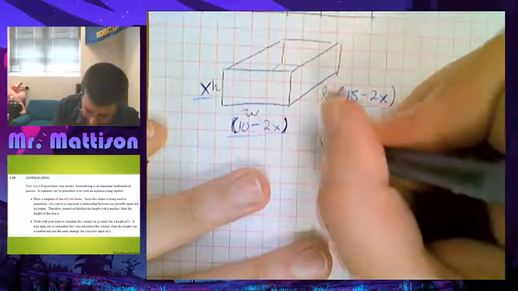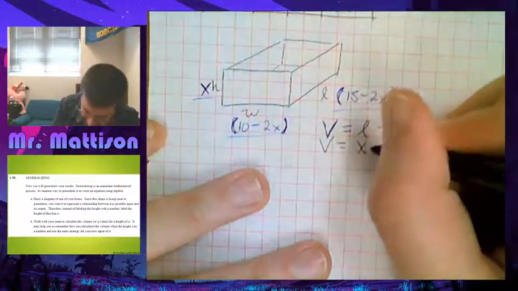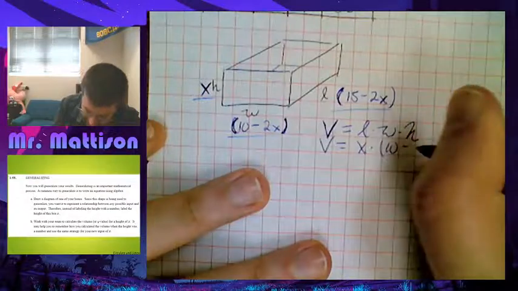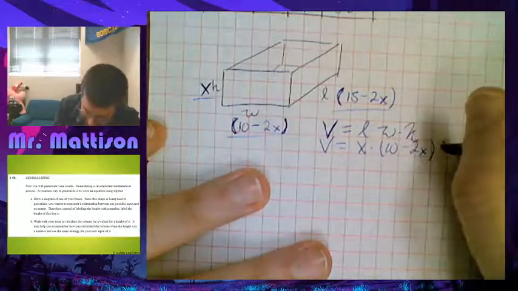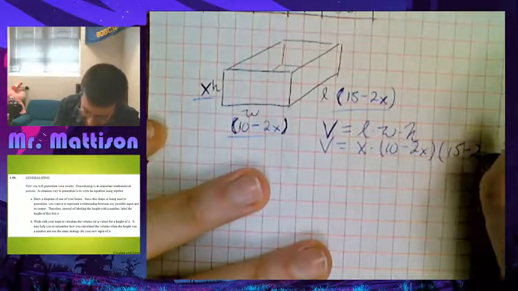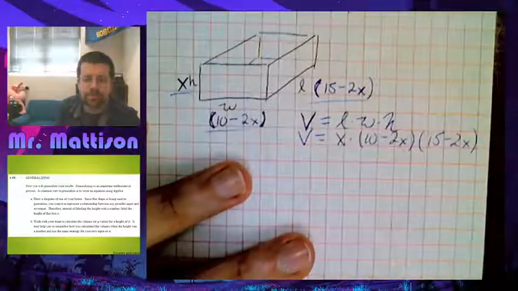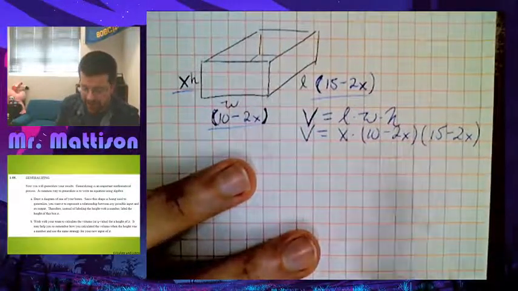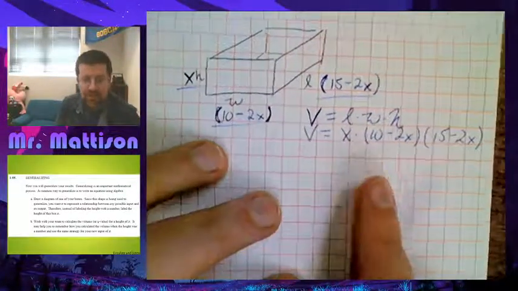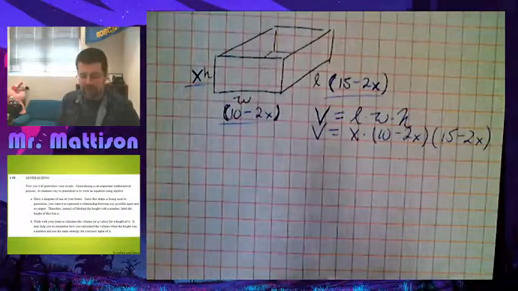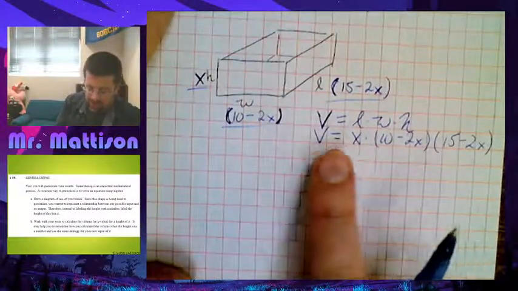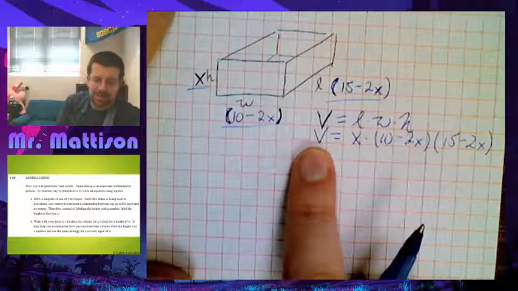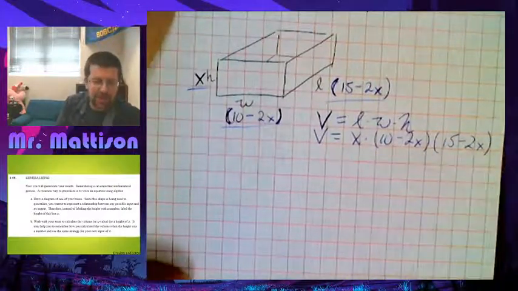So my volume is x times 10 minus 2x times 15 minus 2x. Awesome. So I now have an equation that will tell me the volume of the box for any value x that I plug in.